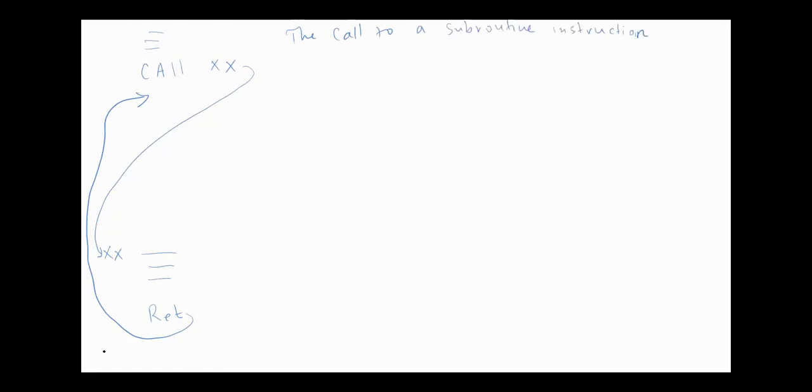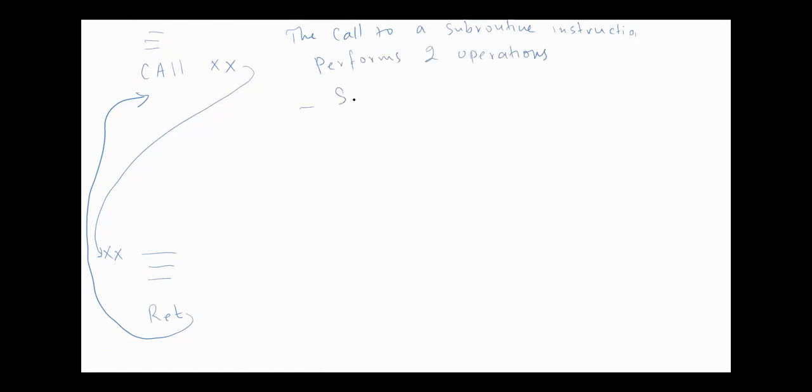A call to a subroutine XX transfers control to the subroutine. When we encounter a return statement, control is transferred back to the statement that follows the call to the subroutine. The call to a subroutine instruction performs two operations.